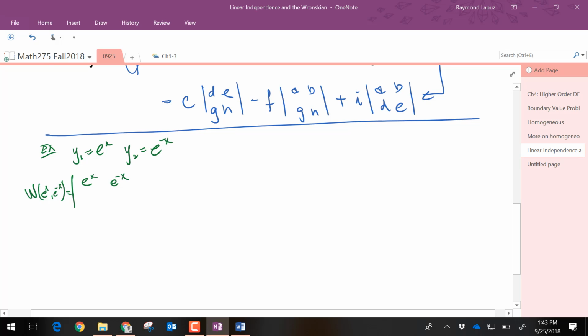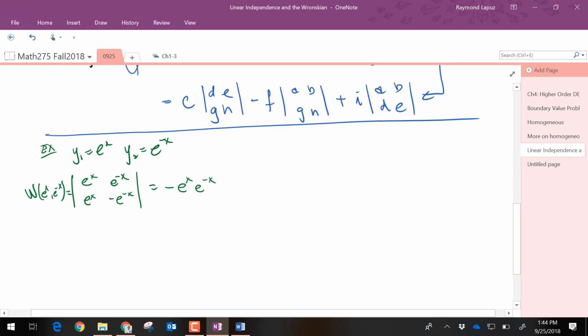Now the derivatives. Derivative of e to the x is, what is it? e to the x. And then the derivative of this is negative e to the negative x. Right? The determinant is going to be e to the x times negative e to the negative x. What's this?